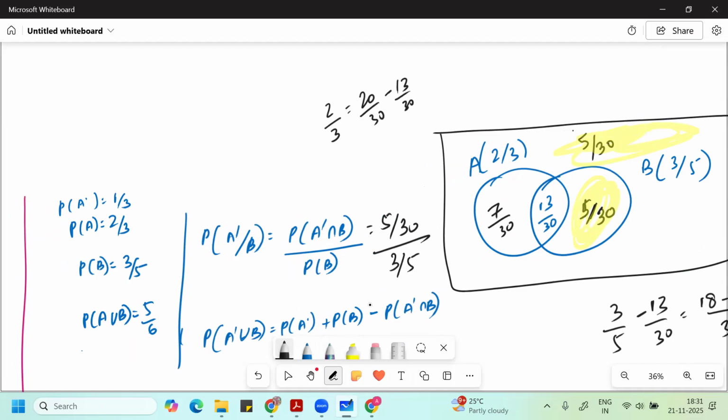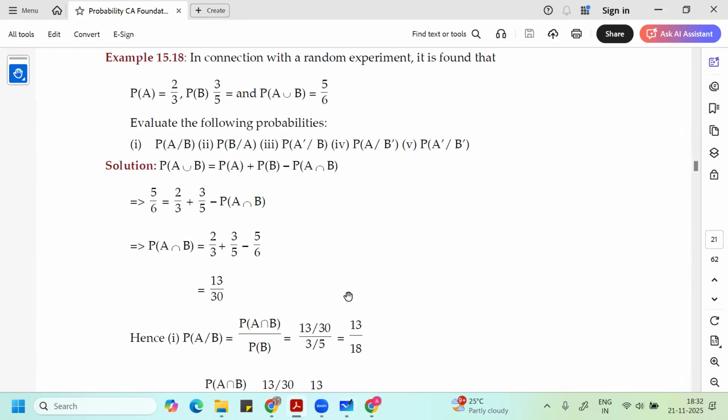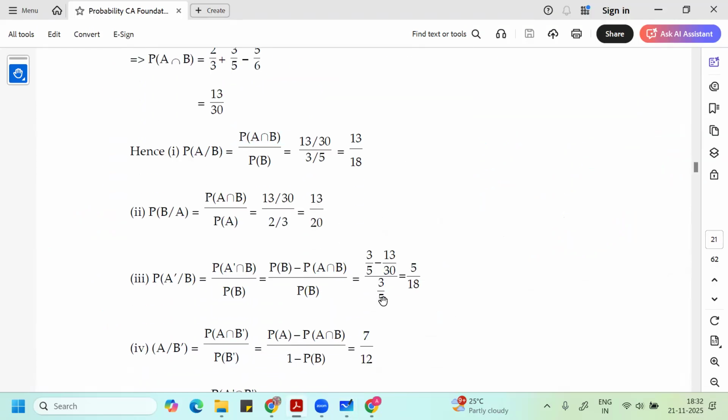So 5 by 30 and this is 3 by 5. So this is 6, this is 5 by 18. Check the answer. The third one answer should be 5 by 18.